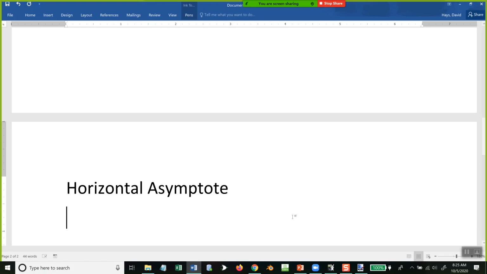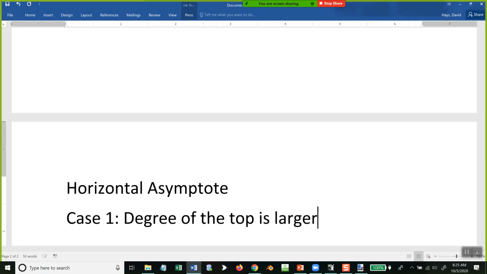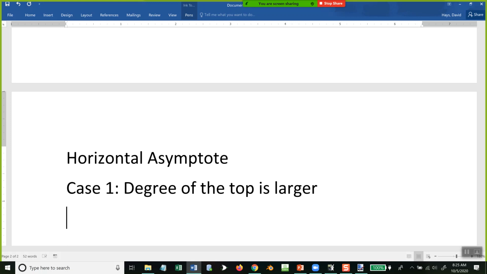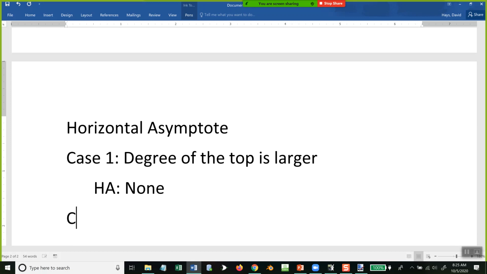And we've got 3 cases of this. Case 1, the degree of the top is larger. When the degree of the top is larger, there is no horizontal asymptote. Case 2, the degree of the bottom is larger.